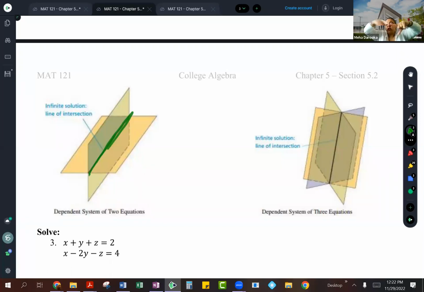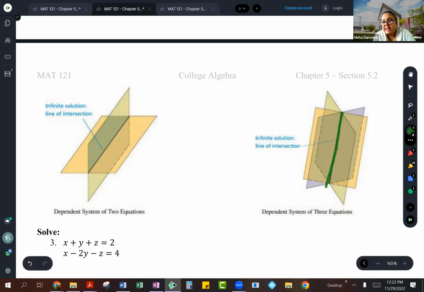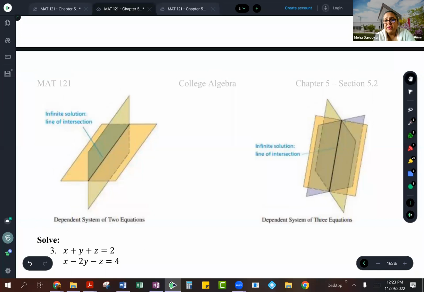That line is also going to be infinitely long, which means you will end up with infinitely many solutions. That would be with 2 planes intersecting, but you can see that on the right-hand side with the 3 planes also. Even if you had 3 planes intersecting, they can still intersect at one single line. So that is possible with 2 equations or with 3 equations.